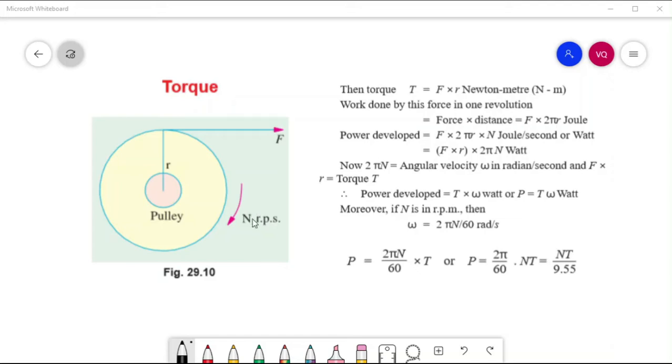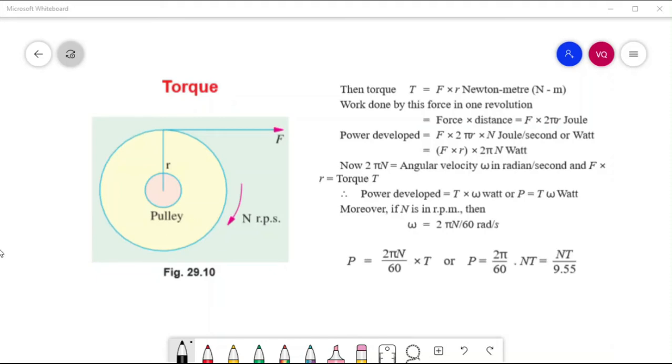In figure 29.10, it is illustrated that we have a force acting on this pulley at its radius. Then torque T is equal to the force multiplied by the radius. This is in newton meters.